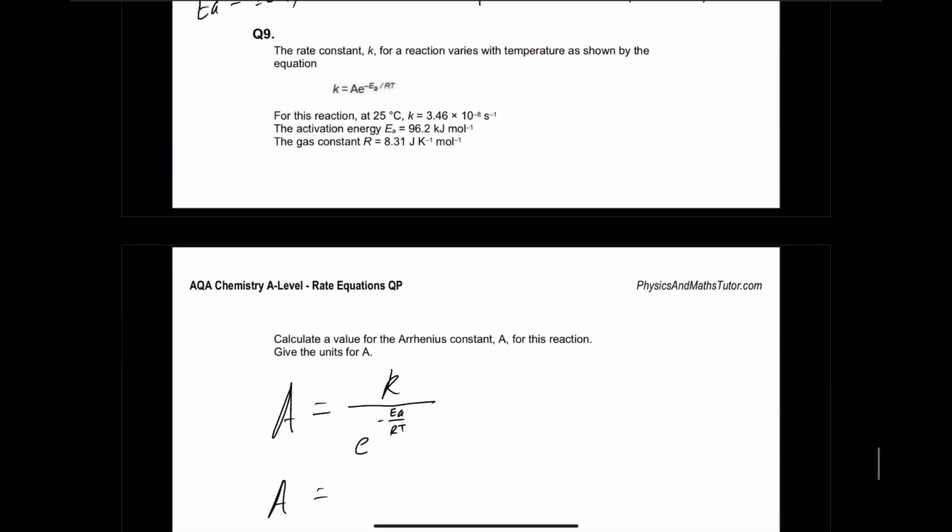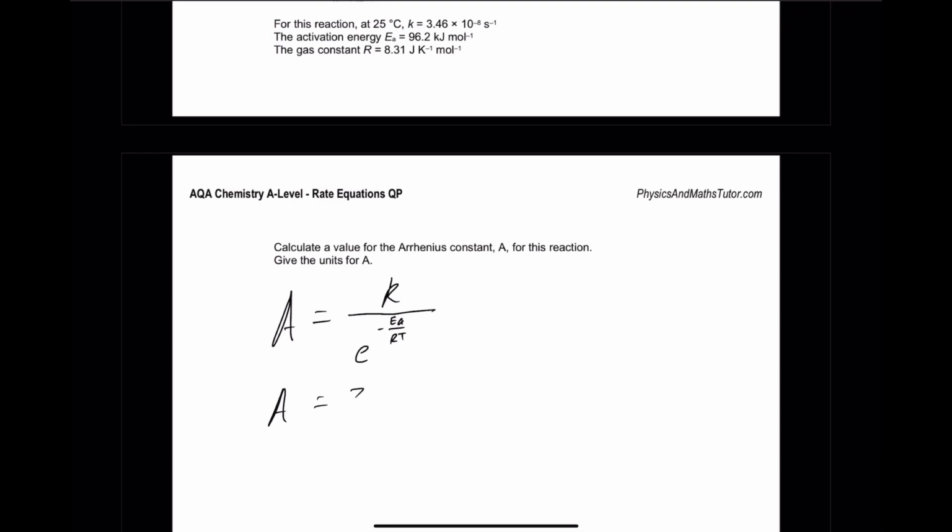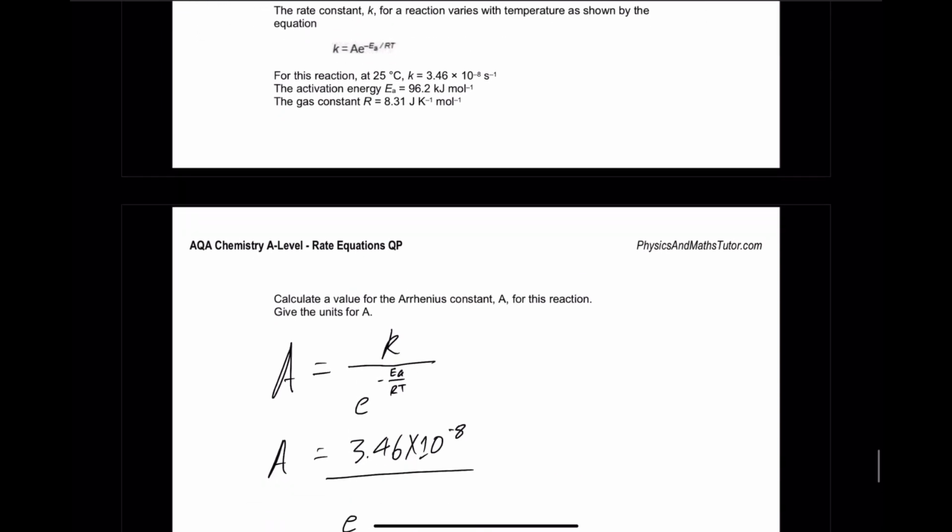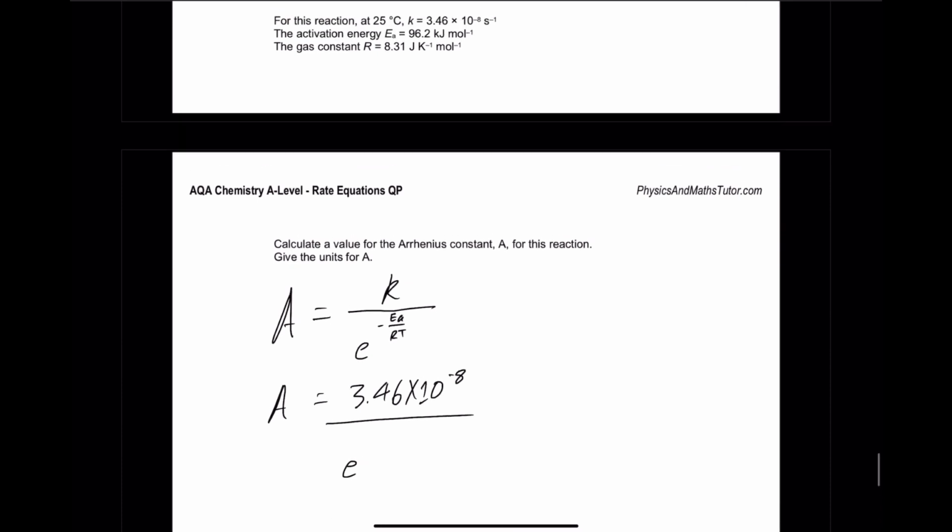So A is equal to 3.46 times 10 to the power of minus 8 over e to the power of minus 96,200 over 8.31.